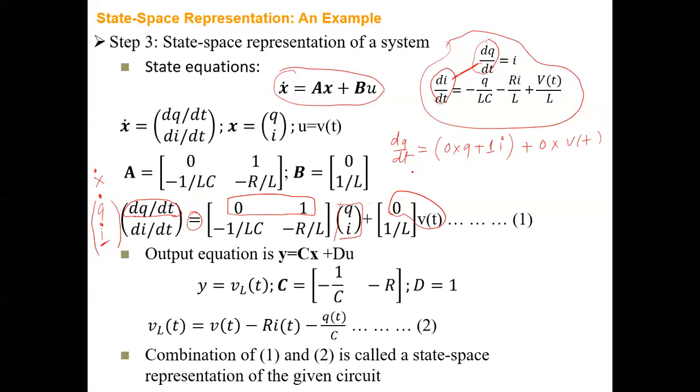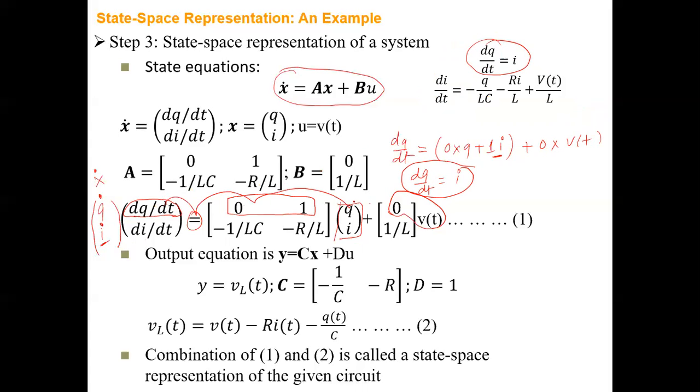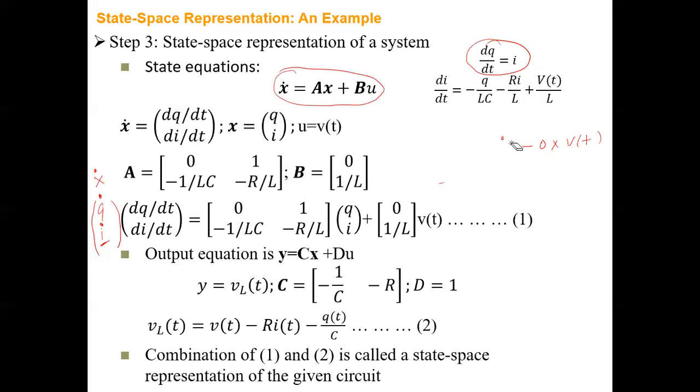So let me simplify this. dq over dt equals I. Look at that. This exactly matches with this here. So the top one makes sense, right? Now let's do the bottom one, whether the bottom one makes sense too. The bottom one is di over dt.